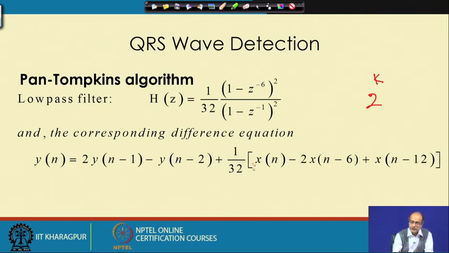So, when it is 1 by 32, in that case it is 2 to the power minus something. 2 to the power 3 is 8, 2 to the power 4 is 16, 2 to the power 5 is 32. So, 2 to the power minus 5 will give us 1 by 32, and that would be implemented by 5 right shift operations of the register.